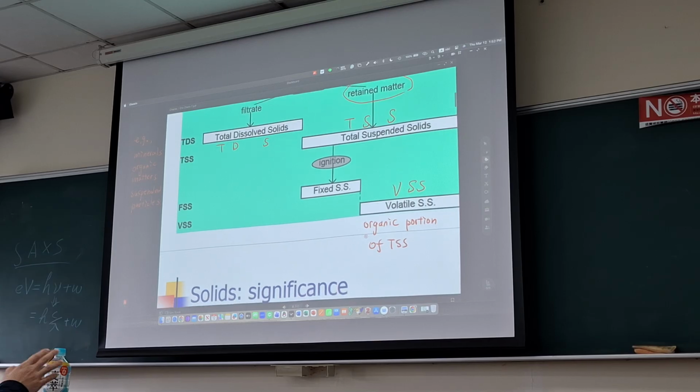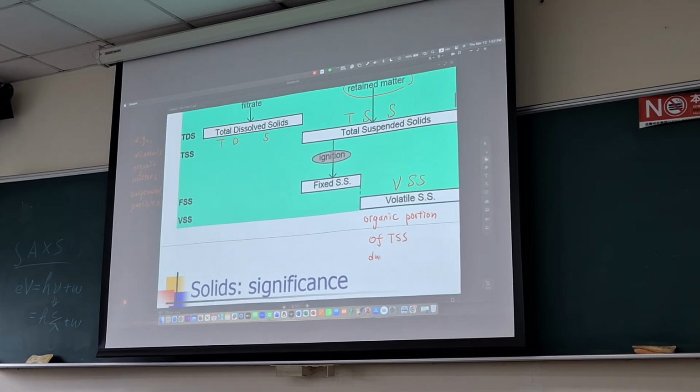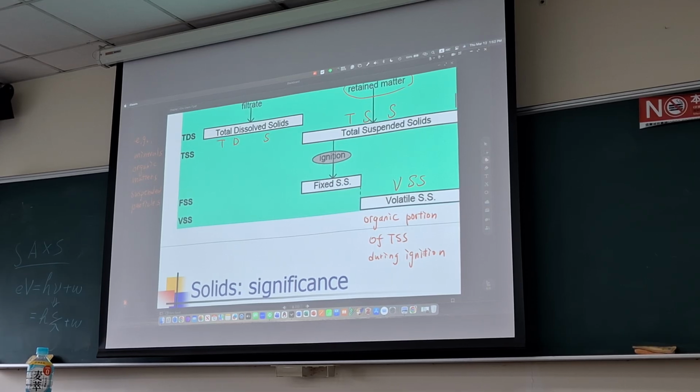Doing ignition means burning. So you burn your TSS, and the part that becomes vapor we call VSS.